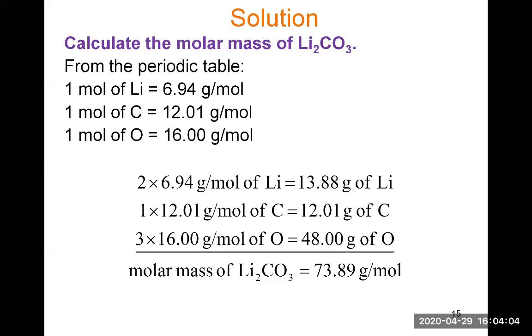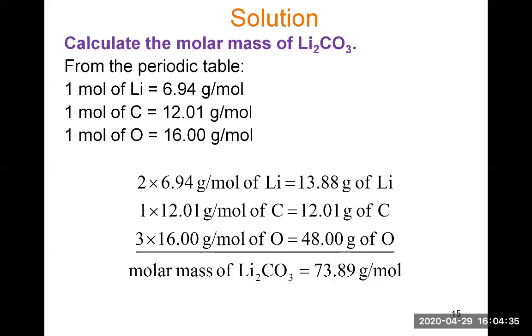Here, the 1, the 2, and the 3 are exact numbers, but when you calculate molar masses, as I said, I always want you to keep 2 decimals, right? And so when you're adding, all your values should have 2 decimals. So the molar mass of the compound should also have 2 decimals.